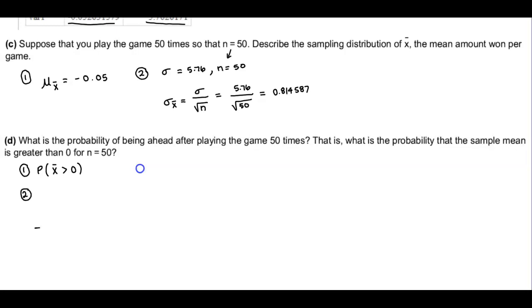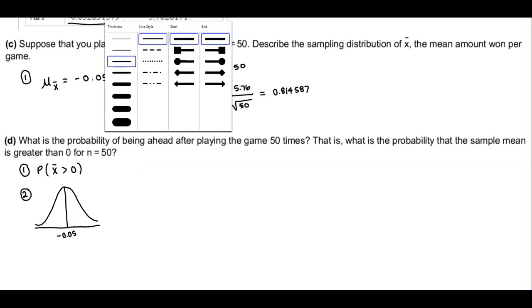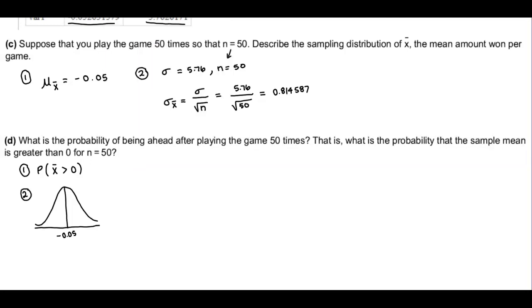To make a visual description of this, we create our bell curve, and we know that the mean is negative 0.05 that we found in part 1, and we have the value of 0 and everything to the right, so we want to find the probability there.